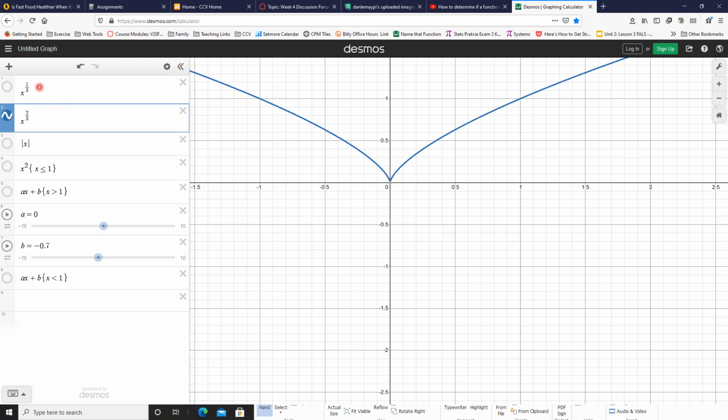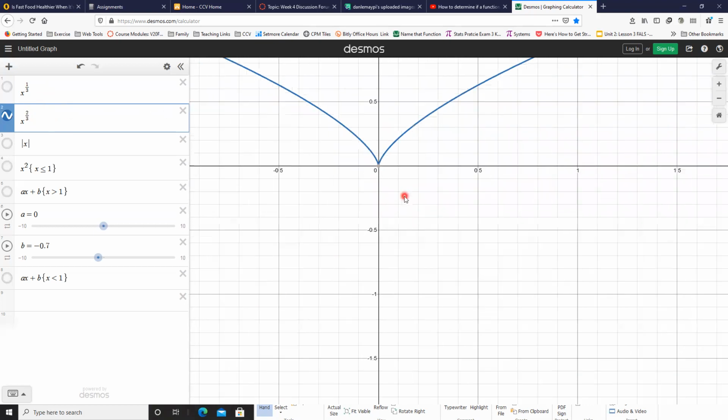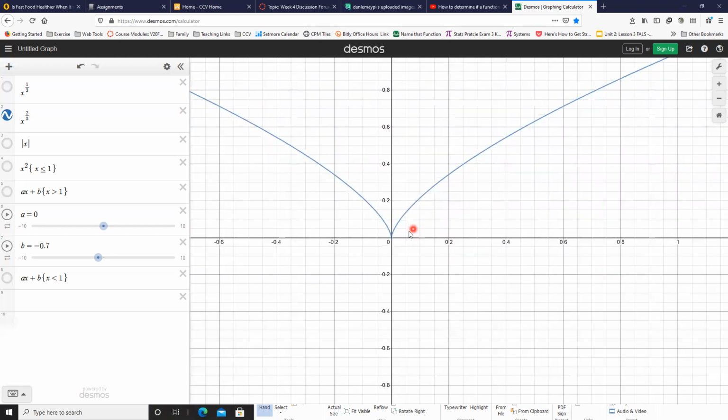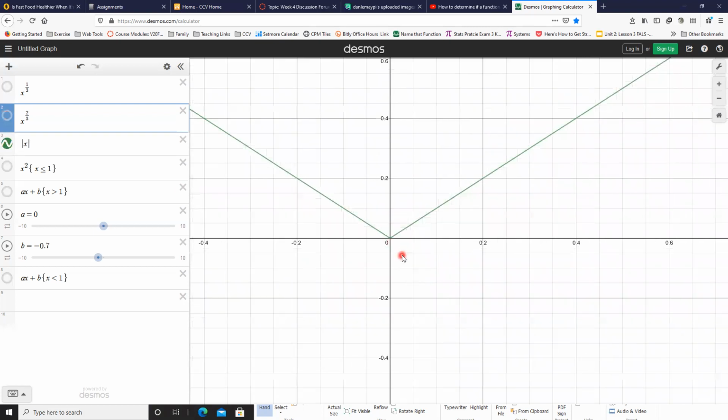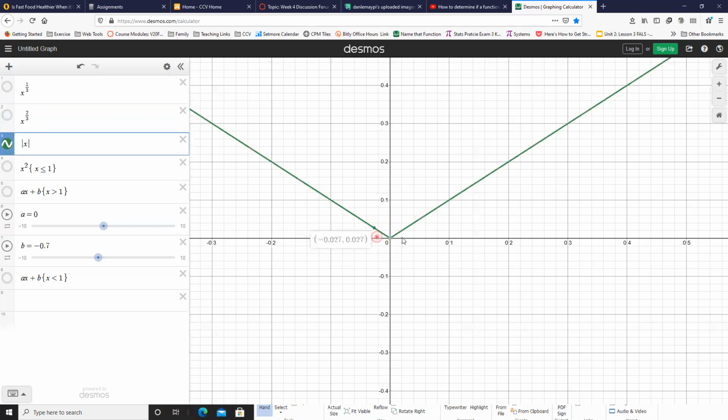That's the cube root of x squared. You see that cusp is there. Versus a corner: corners happen whenever you have an absolute value in the function. So if there's an absolute value in the function, you can be sure there's a corner.